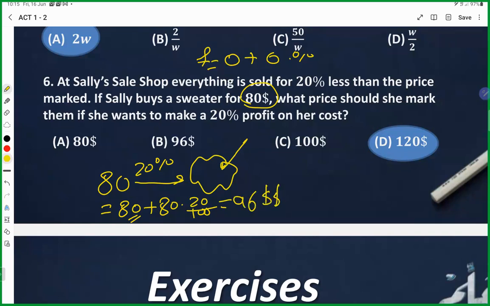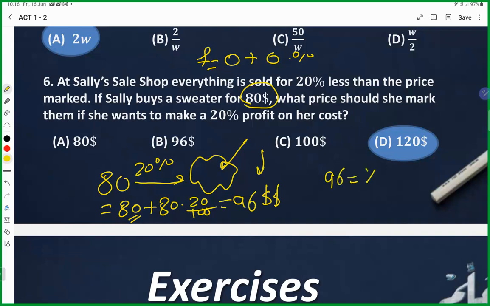So if I sell the sweater at $96, I will get 20% profit. But the question isn't finished yet. The problem is what price I should put on the tag. If I put a 20% off to get to 96, then 96 is the final price.